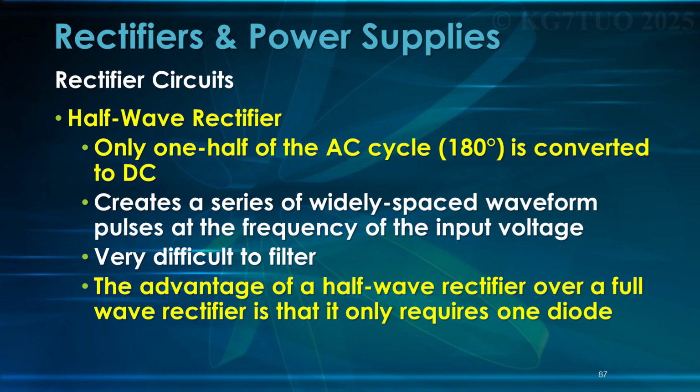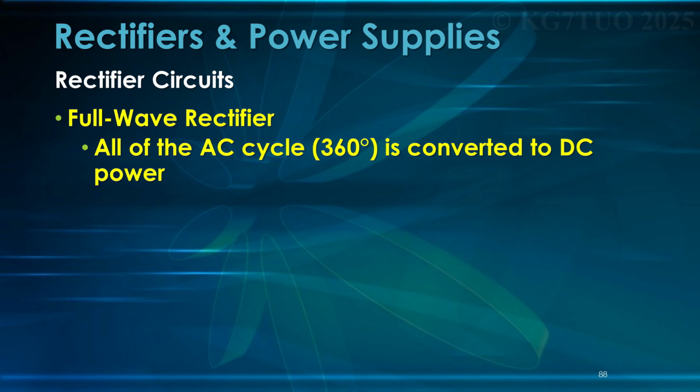So the advantage of a half-wave rectifier over full wave is it only requires one diode. You've got half of the components in there, which means it's cheaper to produce. And there may be some situations where you don't need a full wave. With full wave, all of the AC cycle is converted to DC power.